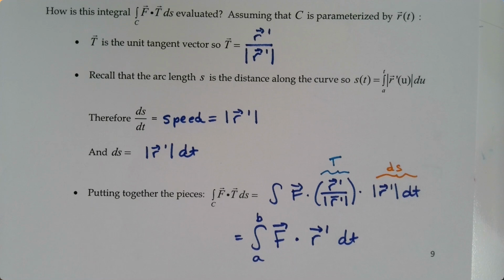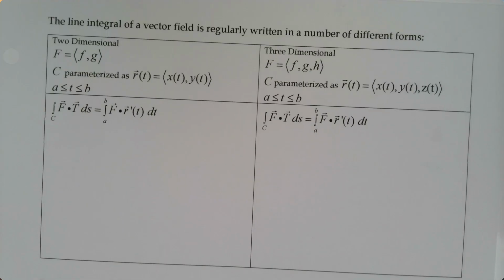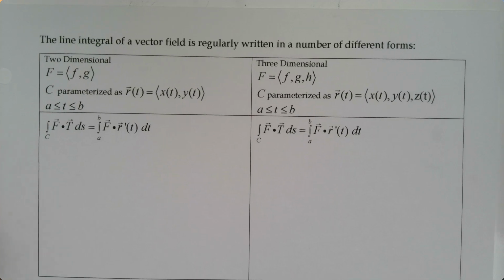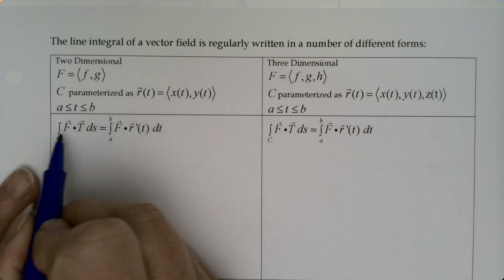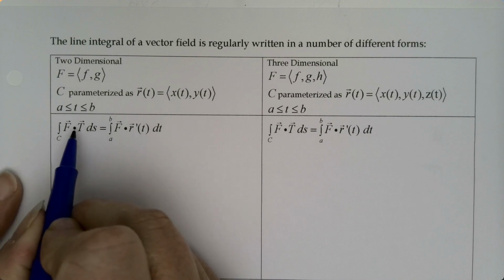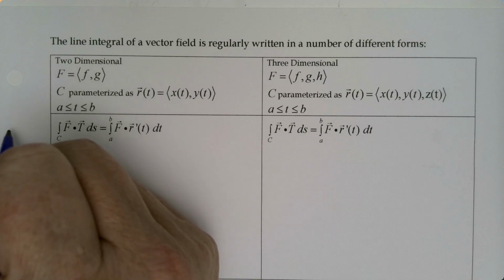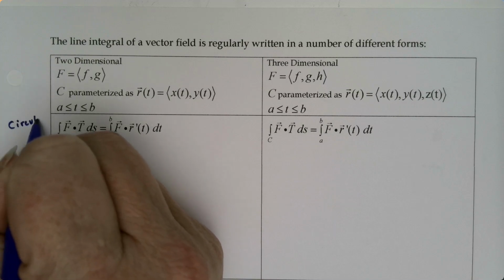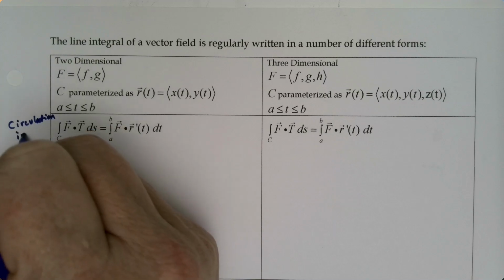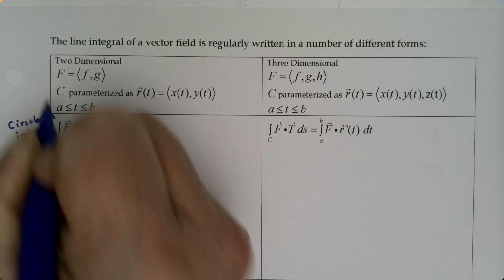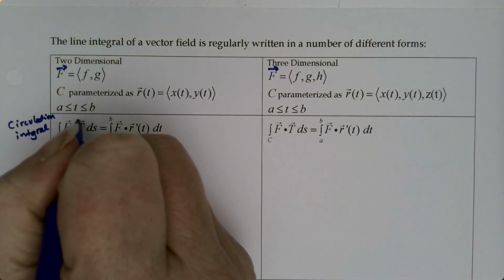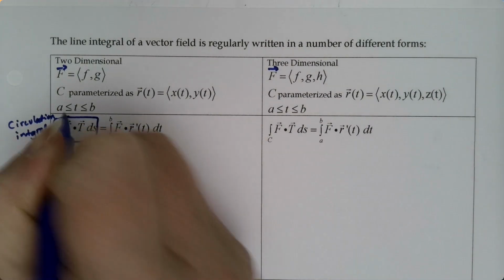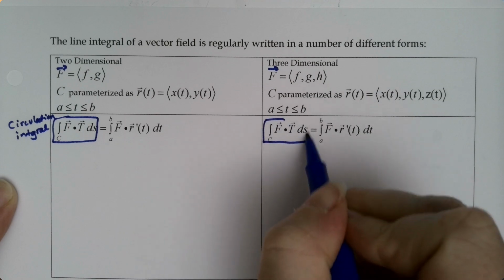All right, that leads us to our formulas. So there's a two-dimensional formula for circulation and a three-dimensional formula. Now both of these are circulation integrals. You can spot that they're circulation integrals because they have the T, which is the tangential vector. So this is the circulation integral in 2 dimensions, and I'm going to say it in 3 dimensions. Once you see that, that's the circulation integral.